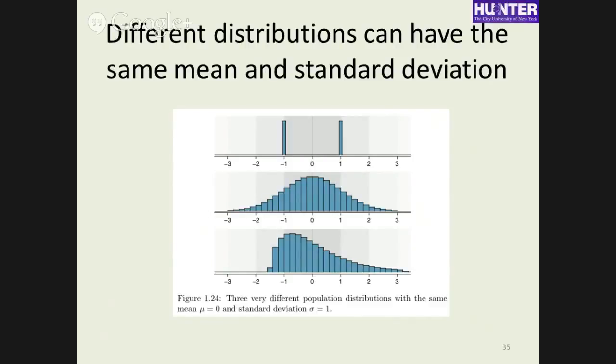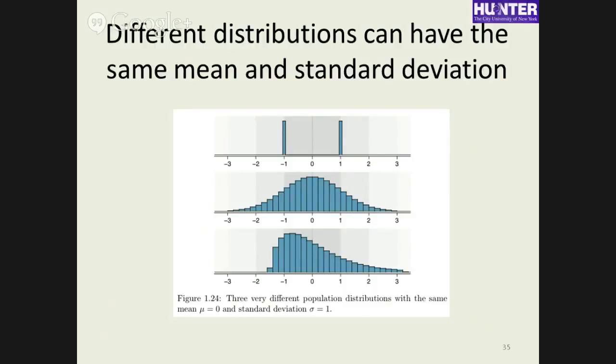So it's a summary of the data. It doesn't tell you everything about it. And as a summary, it's not giving you complete information. So there can be different types of distributions that all give you the same standard deviation. And here's an example from the book of 3 different quantitative variables that all have a mean of 0 and a standard deviation of 1.